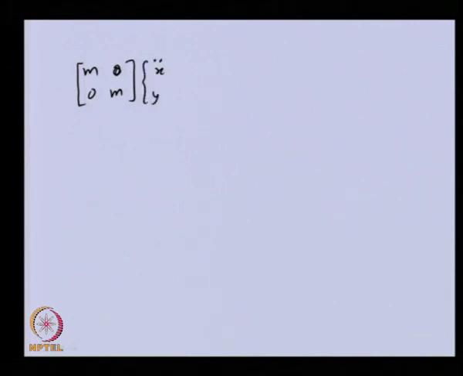Like this, because we had 2 equations. So, these matrices are 2 by 2. This is a velocity vector, then we have the stiffness term.